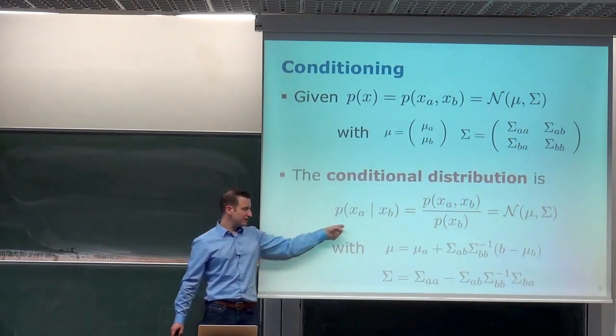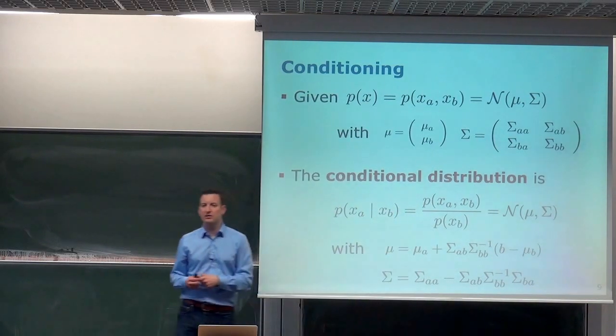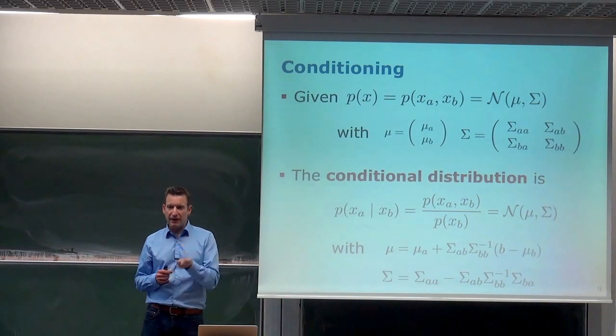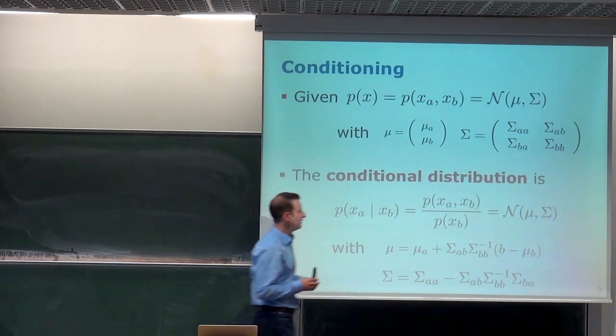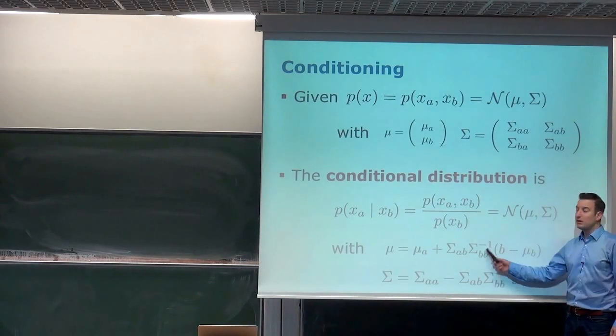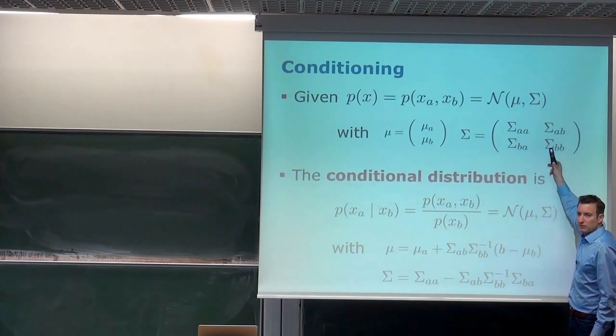But the parameters of this Gaussian are now somewhat more complicated. And the key thing, which introduces computational complexity in here, is typically this term over here, because it requires us to invert this part of the matrix. So this is a high-dimensional matrix.